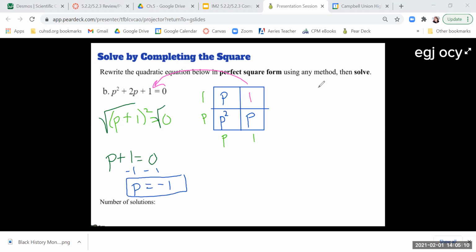I have one solution to this problem. So if you already have a perfect square, so that you don't have anything other than 0 on the right-hand side, then it's going to end up being one solution, one answer. And so that's like a nicer, quicker problem.